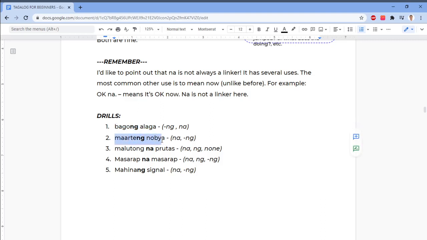Maarteng nobya means fussy girlfriend. Next is malutong na prutas, which means crunchy fruits. Masarap na masarap, it's so delicious. Mahinang signal means weak connection or weak signal.